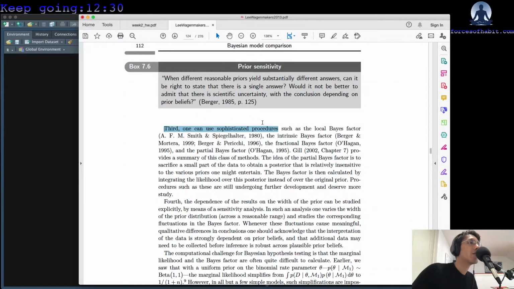Third, one can use sophisticated procedures. Partial Bayes.